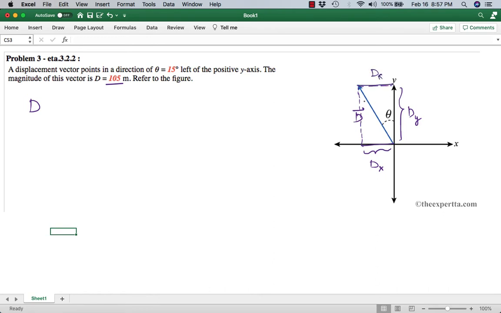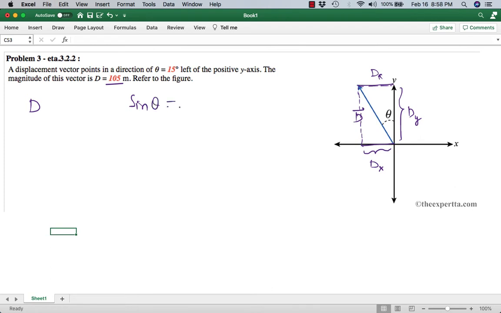Likewise, this is already dy, so we can just assume this triangle, the upper triangle. So we want to find dx. Let's find the ratio sine theta.